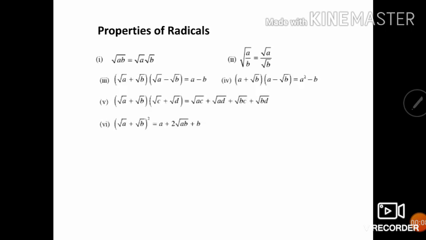Here are some properties of radicals that we will be using in our operations with real numbers. You can add one more property here, that is root a into root a is equal to a, which you have been using in your lower classes. Let us understand these properties one by one.